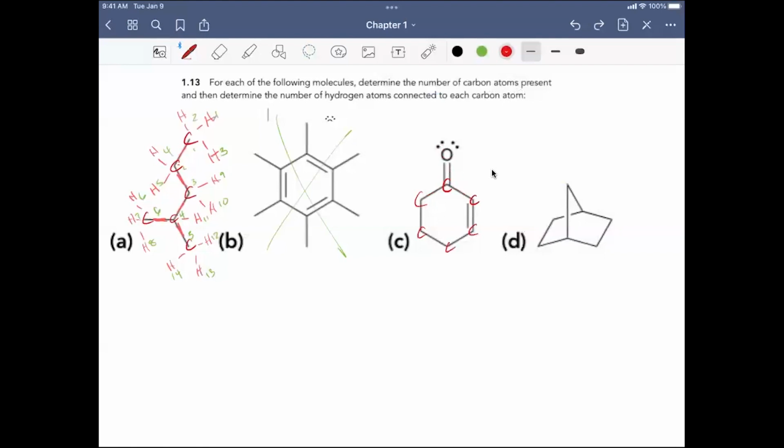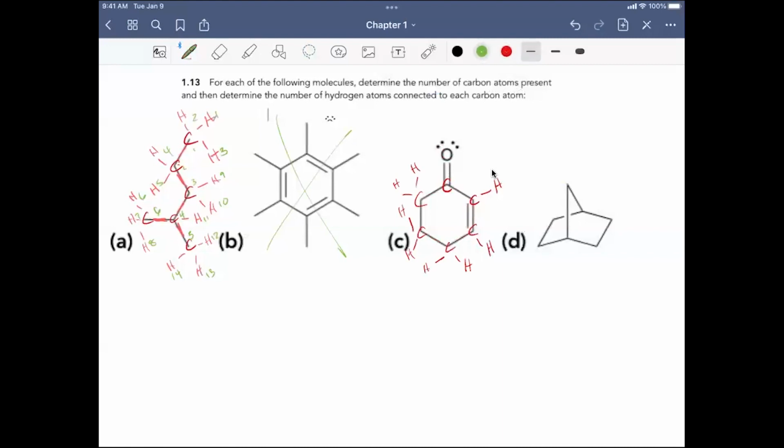All right, this carbon right here, it has 1, 2, 3 bonds, so it needs 1 more hydrogen. Same thing for this one, it has 1, 2, 3 bonds, so it needs another hydrogen. This one just has 2 bonds, right? It's not connected to any double bonds, it just has 2 different carbons on each side of it. So this has 2 hydrogens as well. And same thing for these other 2. Okay.